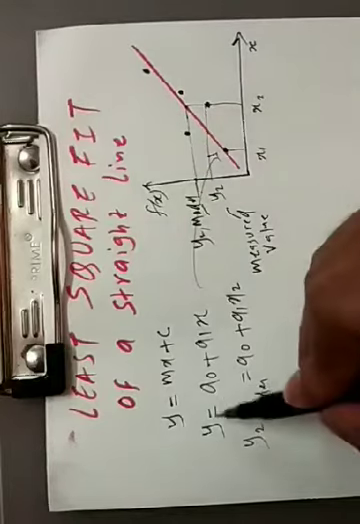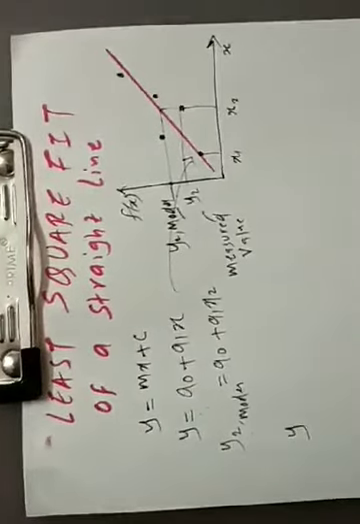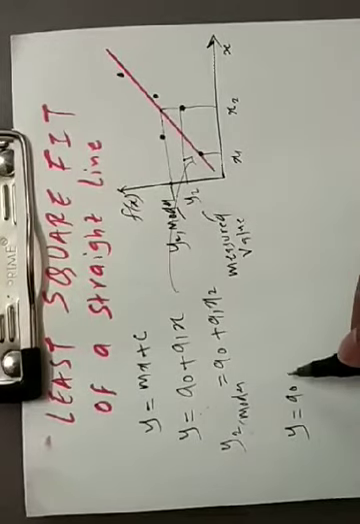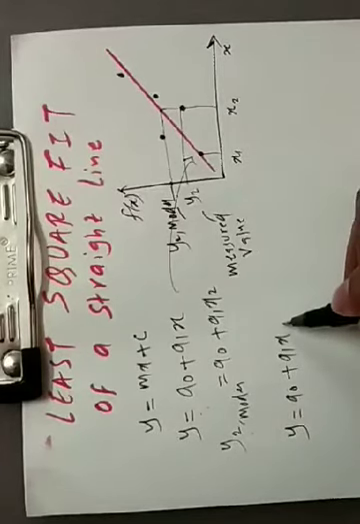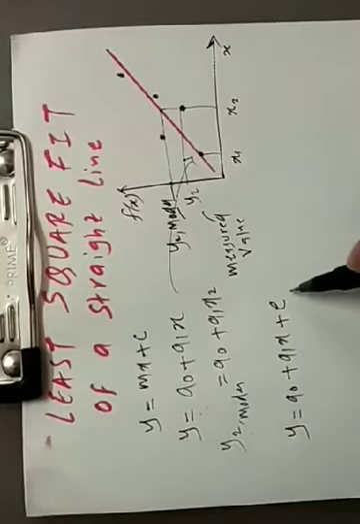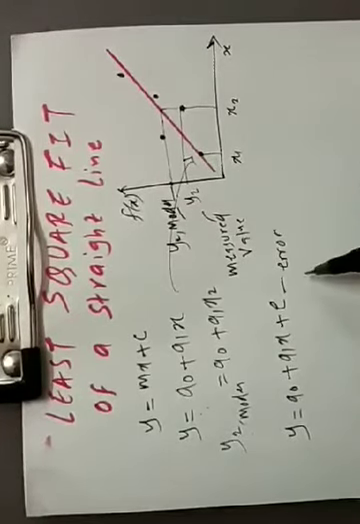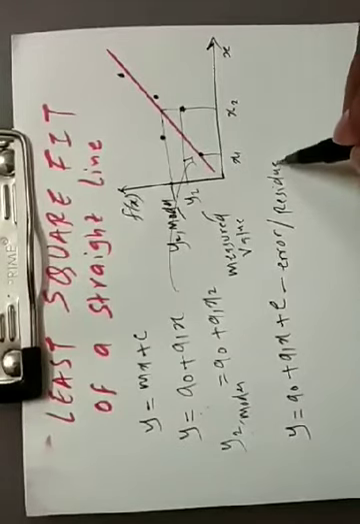So we will write this modified equation, y is equal to a0 plus a1x plus e, where e is the error, or it is called residue.